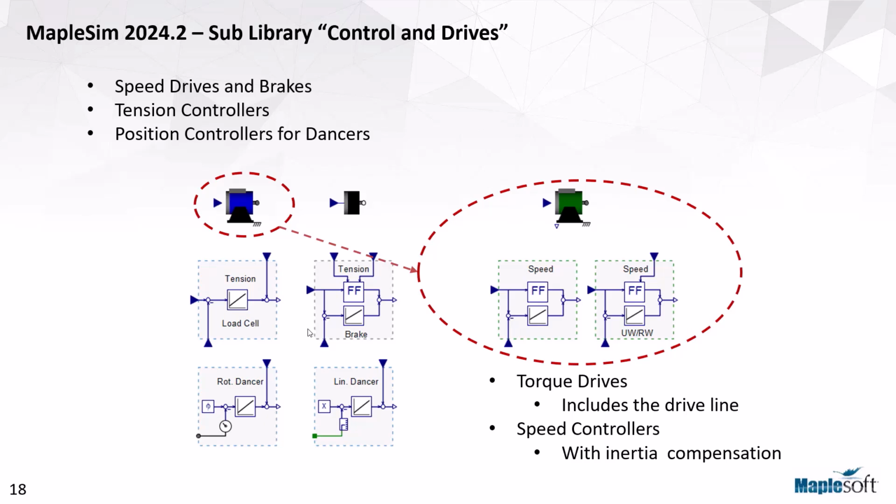These components have similar approaches to what you can use in a PLC. It includes a speed controller as a PID controller, and this includes inertia compensation. So that means there's a feed forward part inside of this controller.